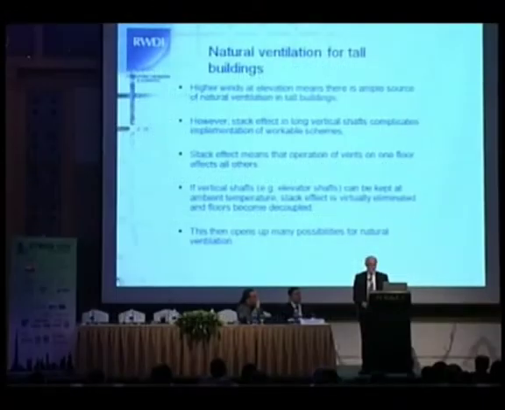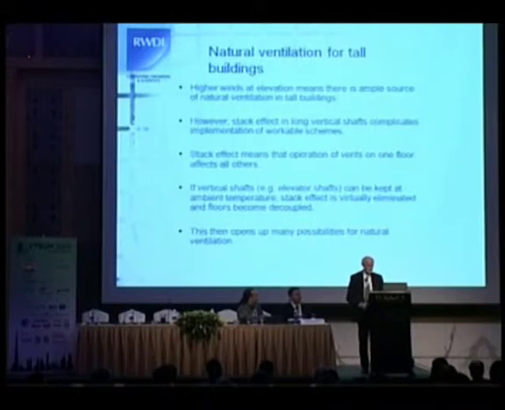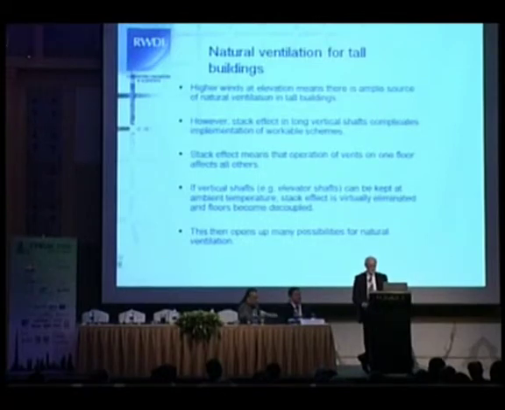Though there are ways around that. For instance, one can make the shaft at ambient temperature. Then your elevators would have to be air conditioned individually. That way you can avoid the stack effect problems, and it opens up many possibilities for using natural ventilation.